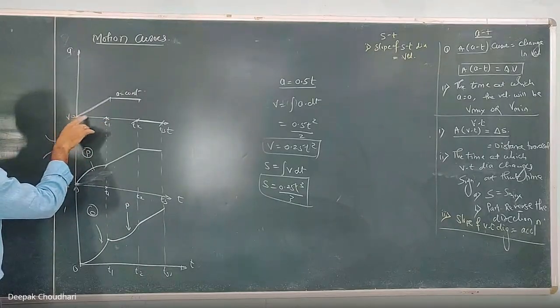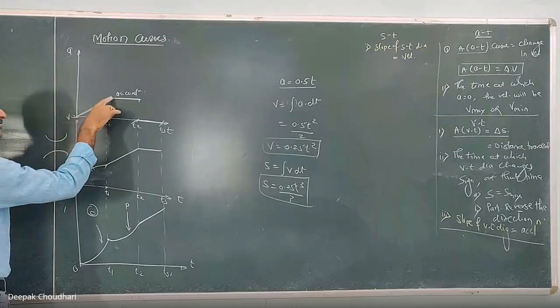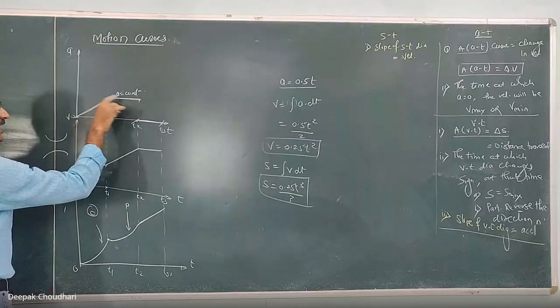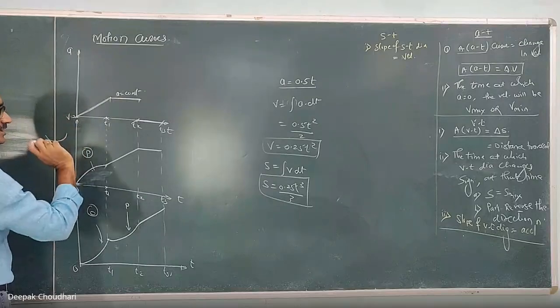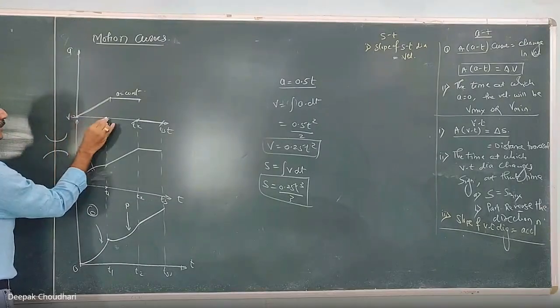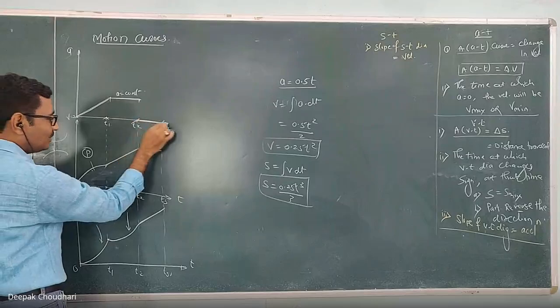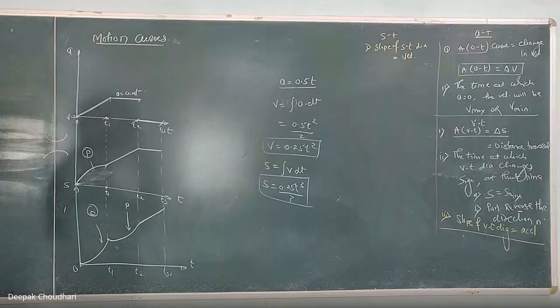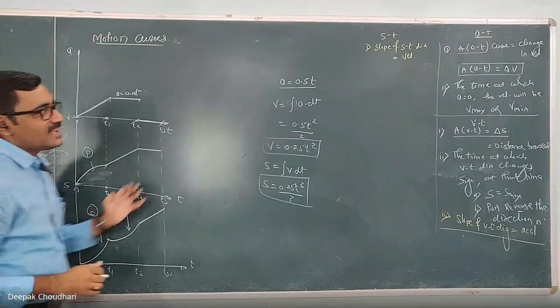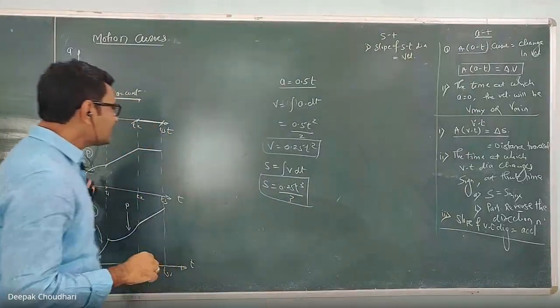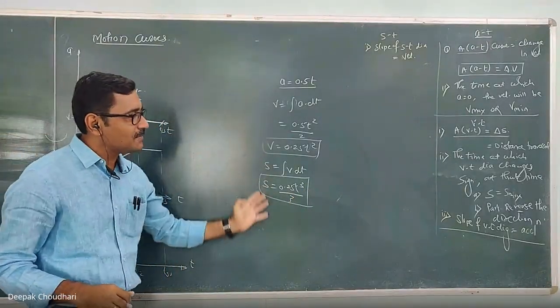Equations are valid from 0 to t1, but at t1 the type of motion changes, therefore the equations of motion also change. Means from 0 to t1 the motion is continuous, from t1 to t2 it is continuous, from t2 to t3 it is continuous. So these questions can be solved by using the properties of the motion curve, or the same question can be solved by writing such equations also.